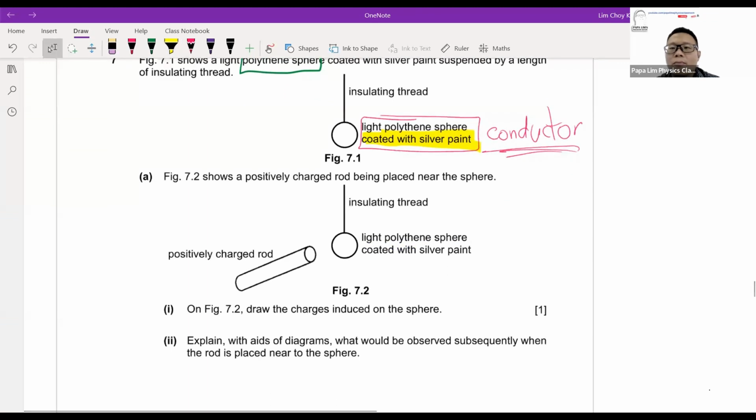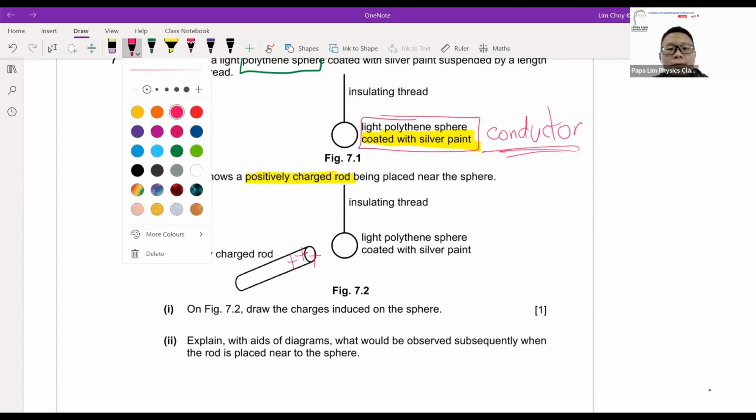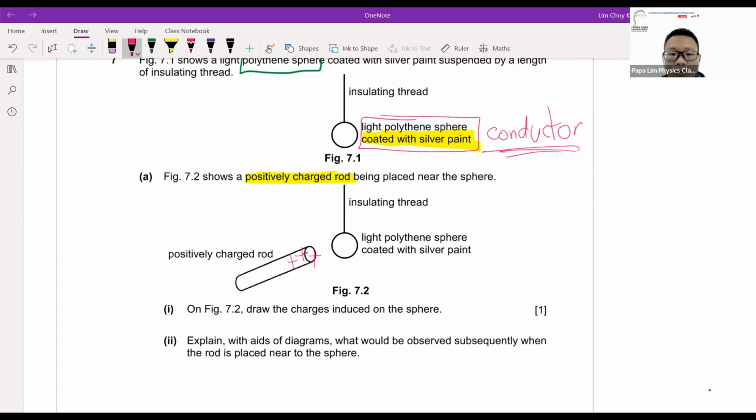Like with any metal sphere, when you have a positive rod brought near to the sphere, the charges are free to redistribute themselves. So for my polyethene sphere, which is a conductor, I will have negative charge on the left side and positive charge on the right side.